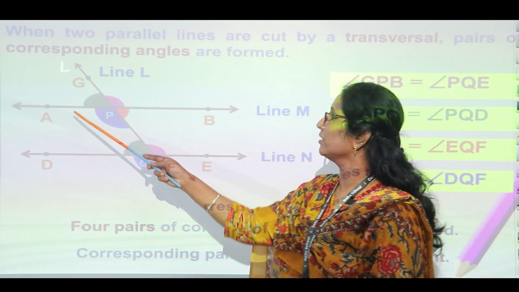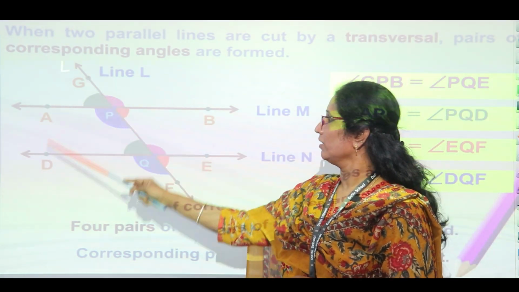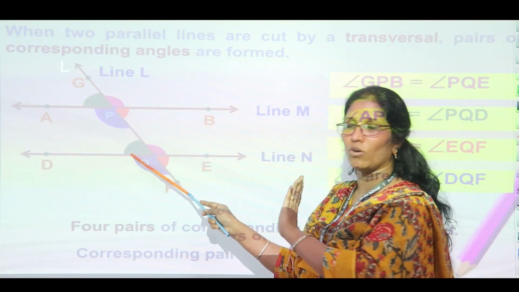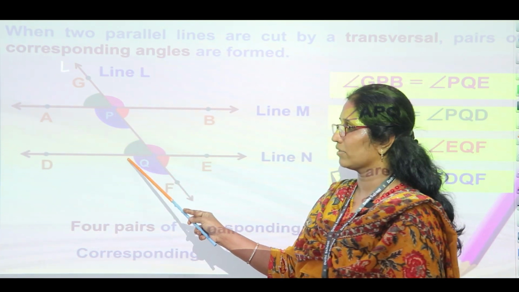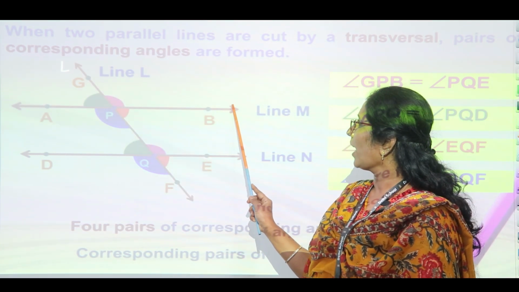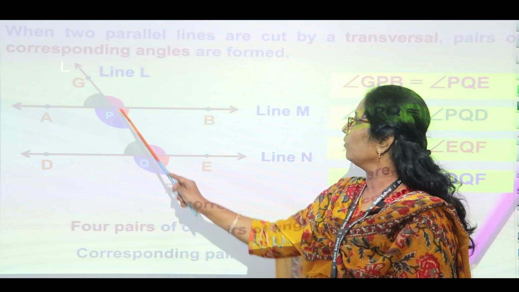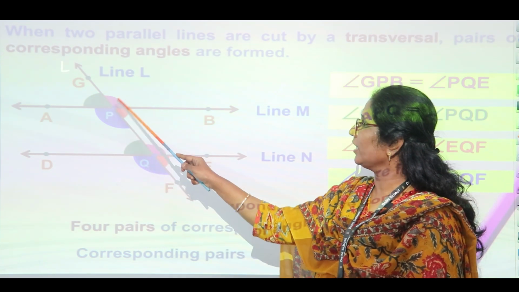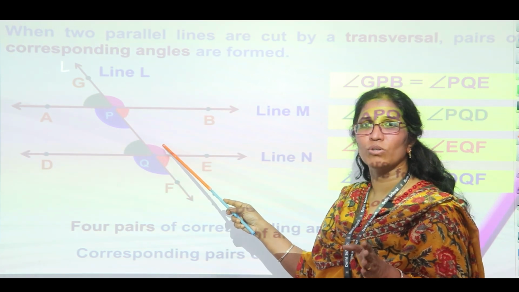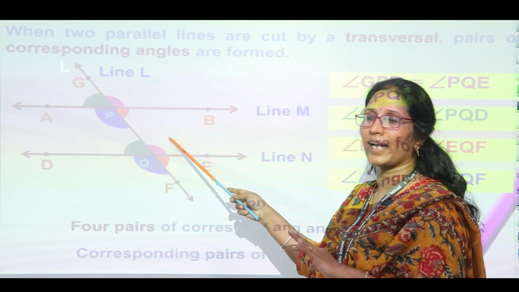If you look at APG and DQP, these 2 angles lie on the same side of the transversal. Again on the other side, GPB and EQP, these 2 pink angles, are also lying on one side of the transversal.